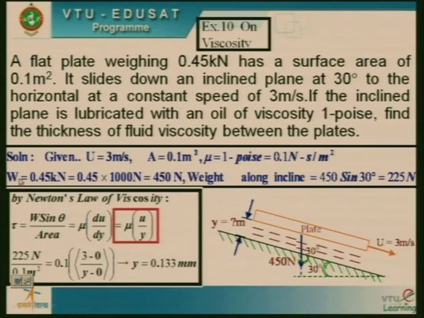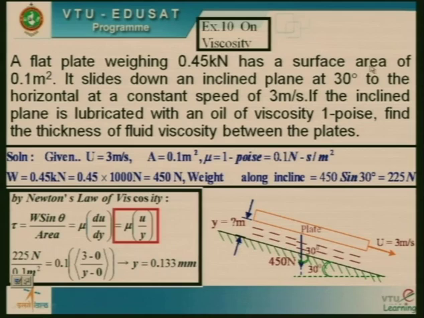Now weight is 0.45 kN, 0.45 into 1000, 450 Newton. Weight along the incline, as I mentioned earlier also, if W is the weight, W sin theta will carry this side. So 450 into sine of the angle. What is the angle given in the question? You can see it is 30 degree. In the diagram also you can see it is 30 degree.